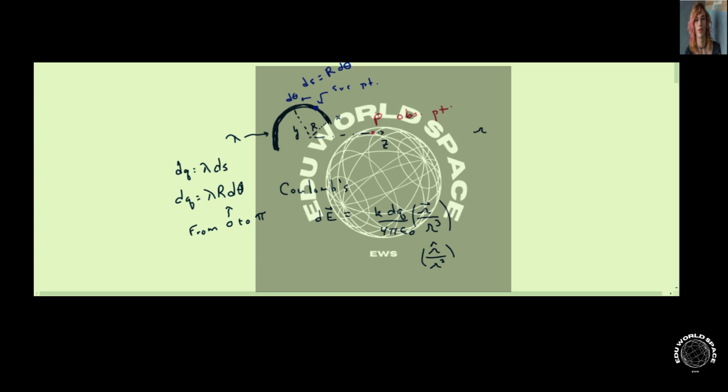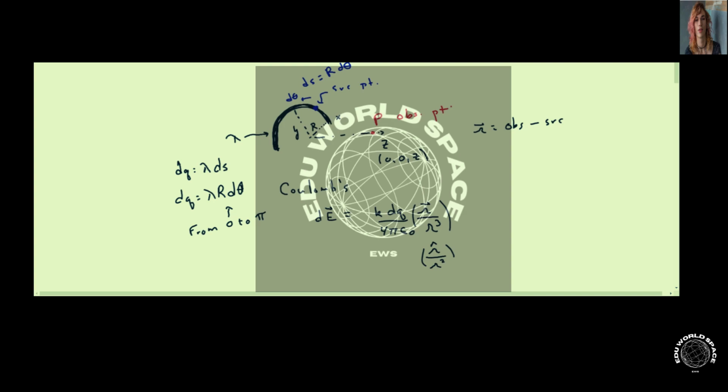R is actually the difference between the observation vector coordinates minus the source point coordinates. And our observation point is lying along the z. Sort of depends how you set it up.